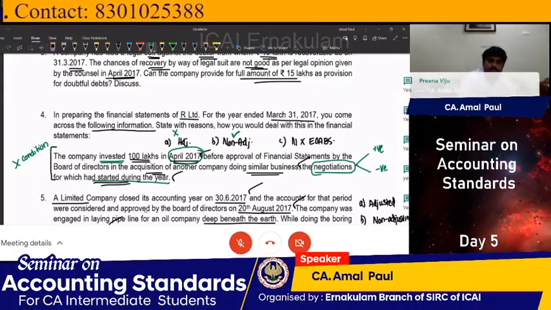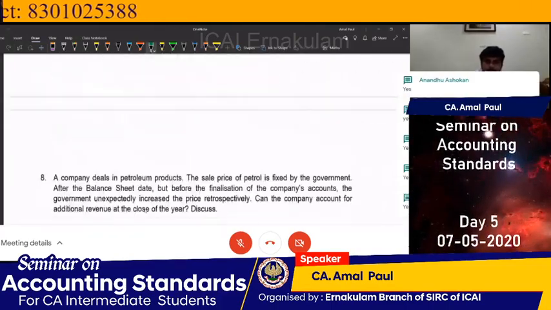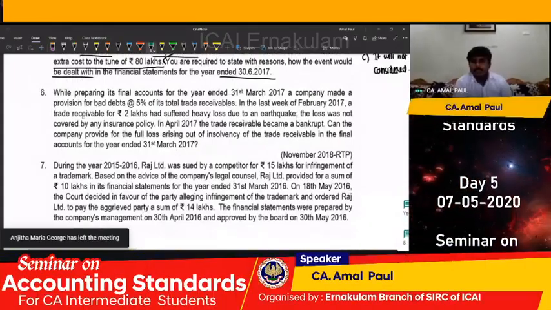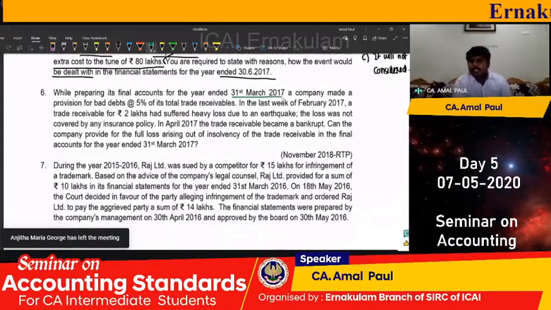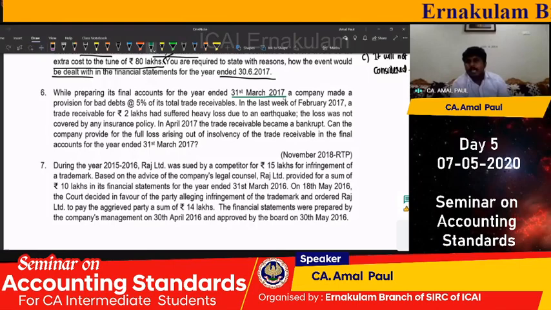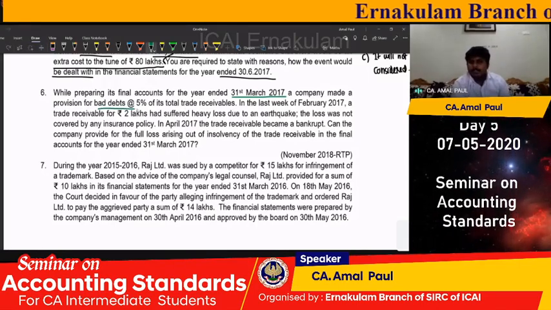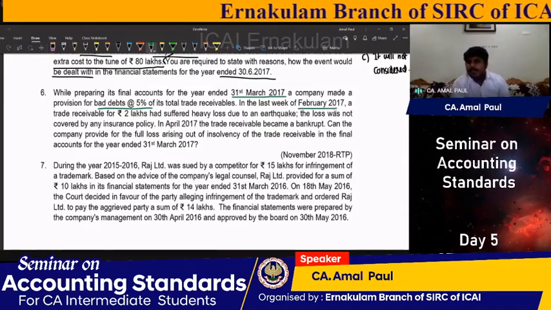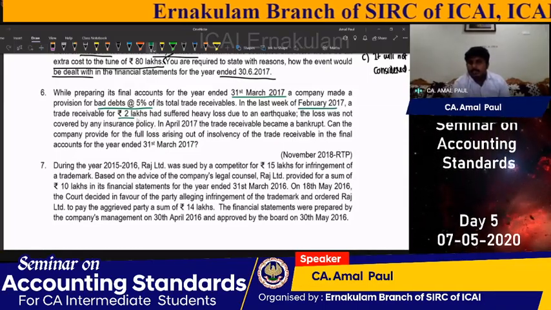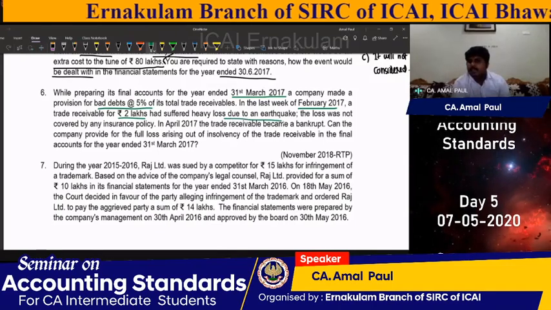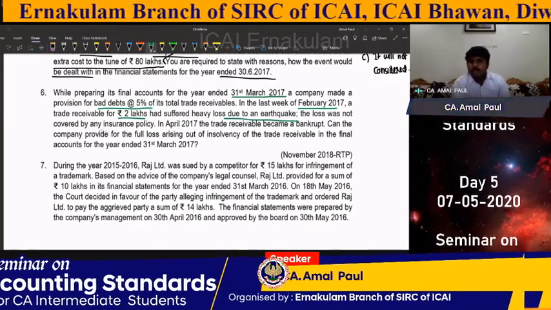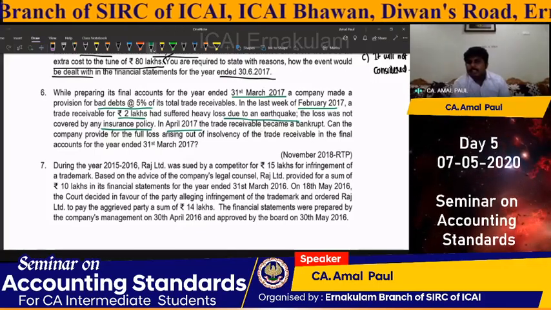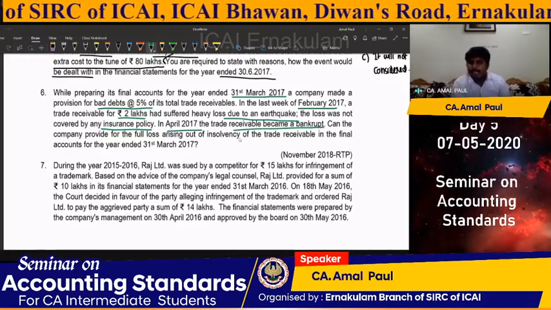Okay. So next one. While preparing the financial statements for 31st March 2017, a company made a bad debts provision of 5%. In the last week of February 2017, a trade receivable of 2 lakhs suffered heavy loss due to an earthquake. The loss was not covered by an insurance policy. In April 2017, the trade receivable became bankrupt.